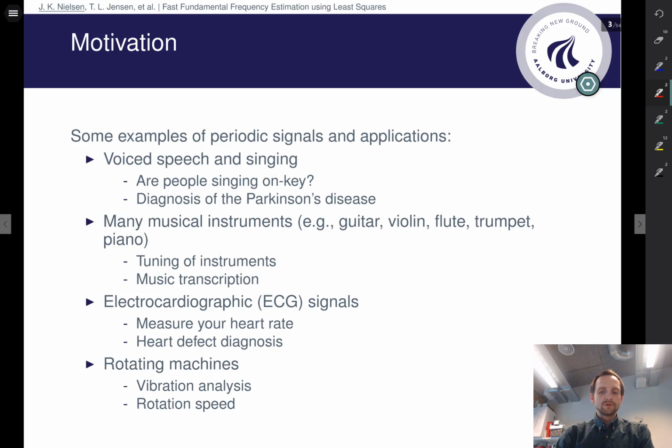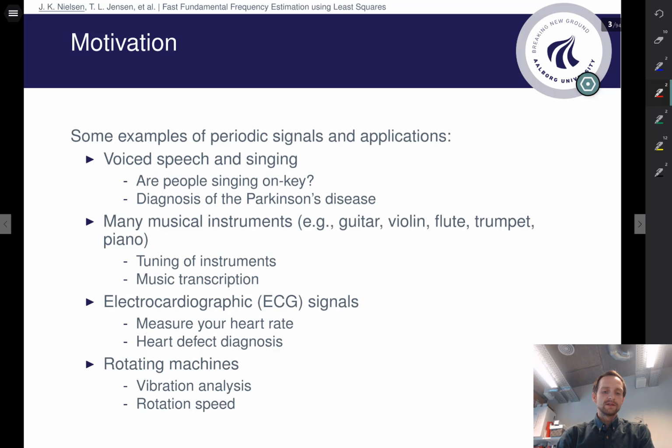You also encounter periodic signals when you analyze signals from musical instruments. I've listed a number of instruments here, and an obvious application is, of course, if you want to tune them, but also if you want to transcribe music automatically. Also, if we look at biological signals, such as the heart rate or the electrocardiographic signal, we also find periodic signals.